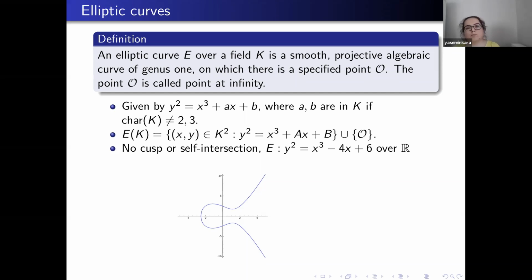By the way, smooth means there are no cusps or self-intersections. Here the picture is of y squared equals x cubed minus 4x plus 6 over the reals. Okay, any questions so far?